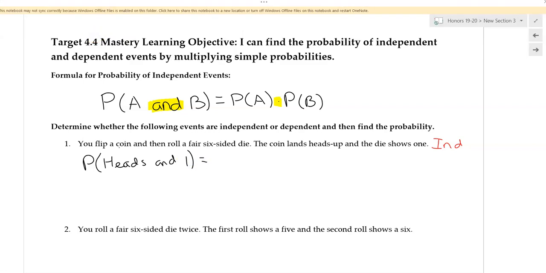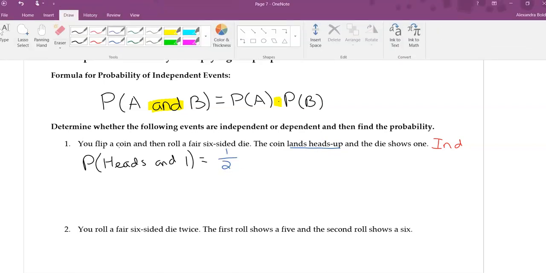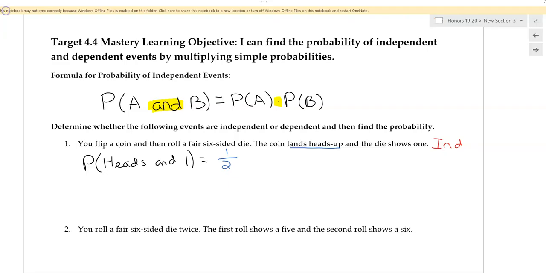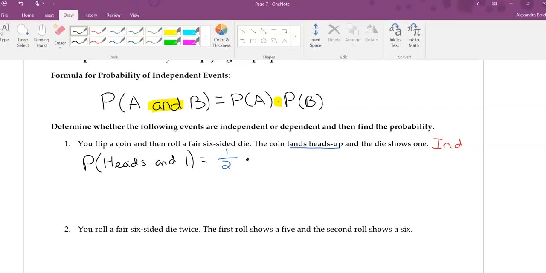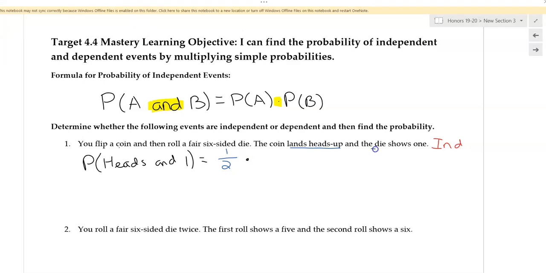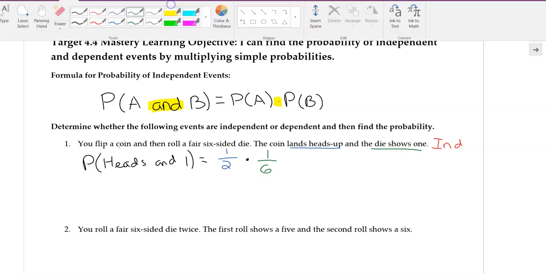So the probability of heads, well, there's 1 out of 2, right? There's 1 heads on a coin out of 2 possible choices. And then we multiply the die shows 1. Well, on a die, there's 1 out of 6 choices.